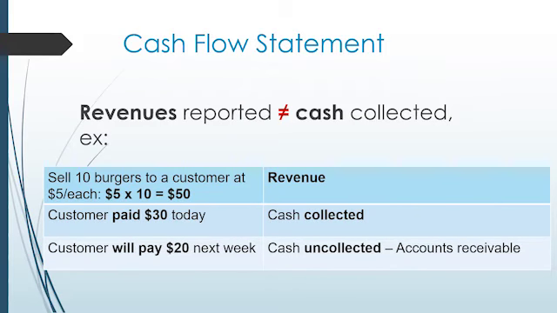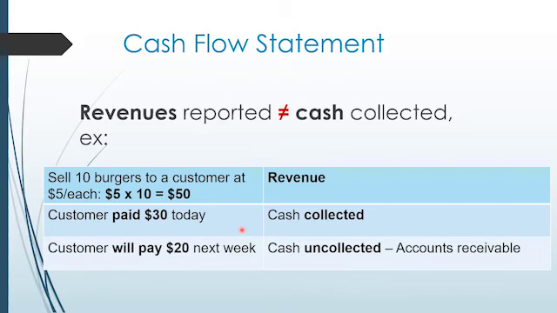Now we'll discuss the cash flow statement. Why do we have a cash flow statement? Because the revenues reported do not always equal cash collected. For example, if you sell 10 burgers to a customer at $5 each, 5 multiplied by 10 equals 50. So you earn $50, which is your revenue.